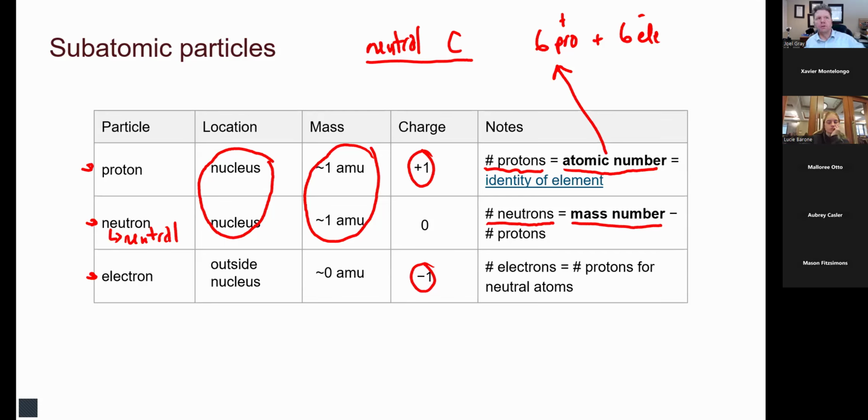If I said you have neutral magnesium, and I didn't give you a periodic table, I said magnesium has, let's say, 9 protons, I've actually given you no information about the number of neutrons it has. If I said that it was a neutral atom, I've told you about the number of protons and electrons and said that basically those are equal, but I haven't told you anything about the mass.